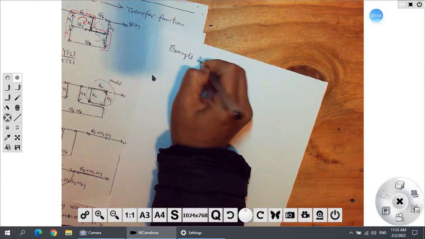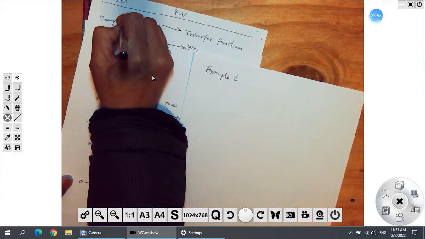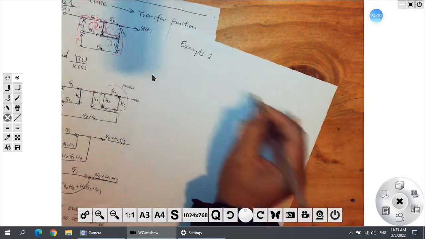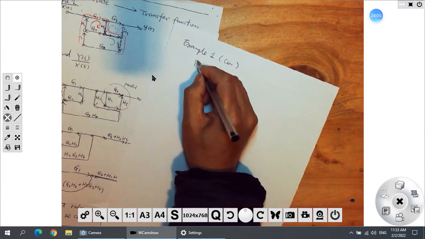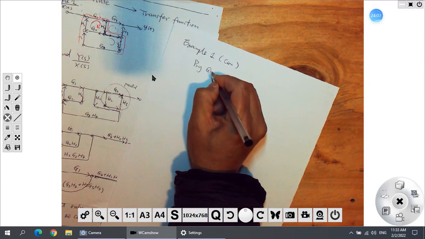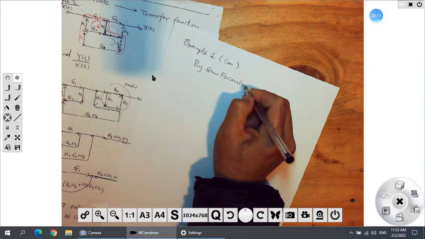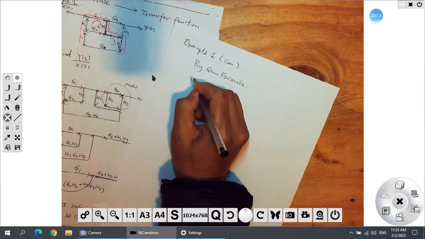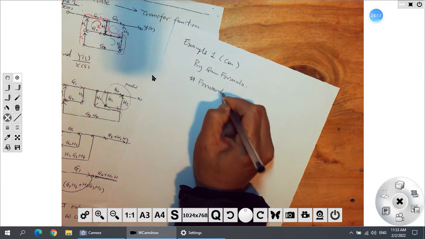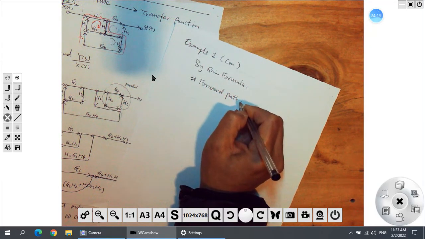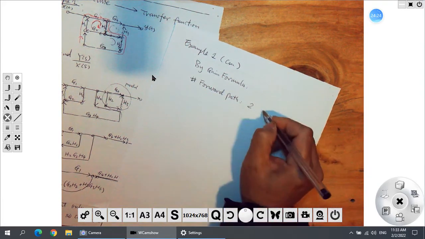Example 1. Okay, this is example 1. Example 1 continuously, by the gain formula. The number of forward paths is 2, right? K equal to 2.